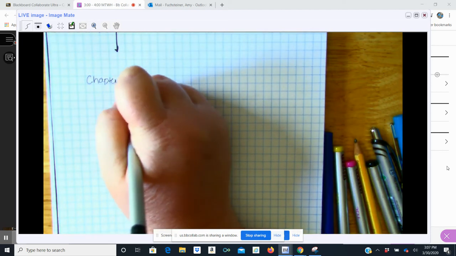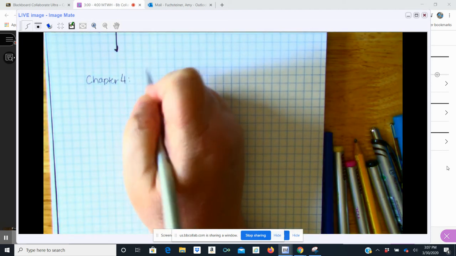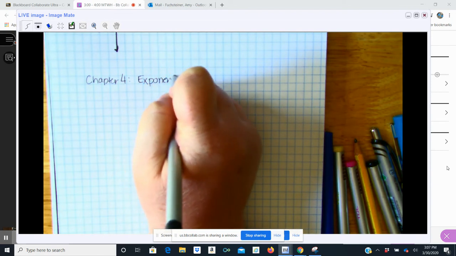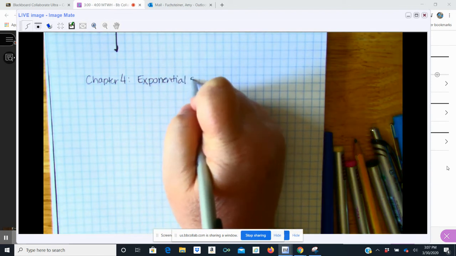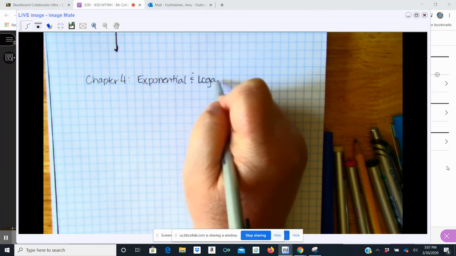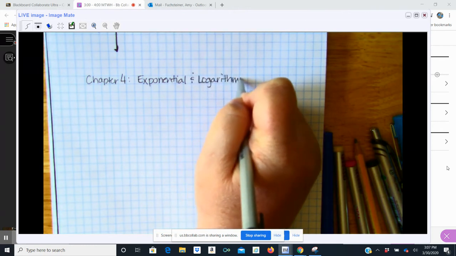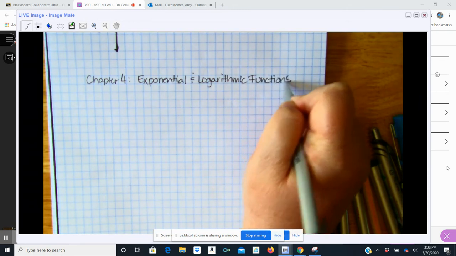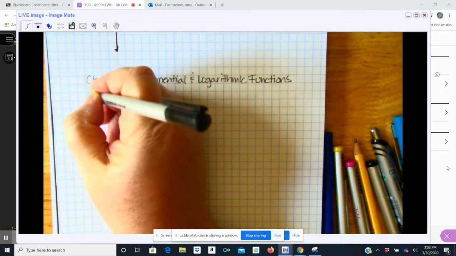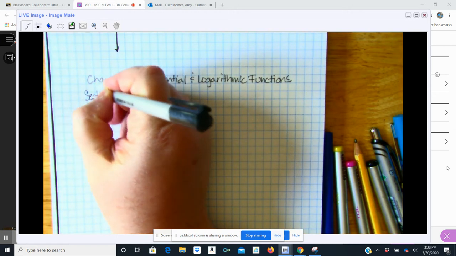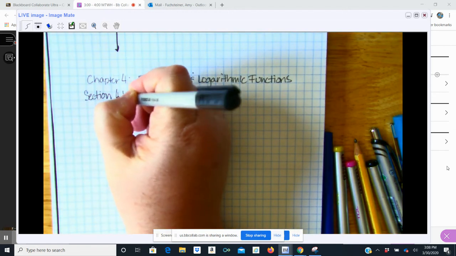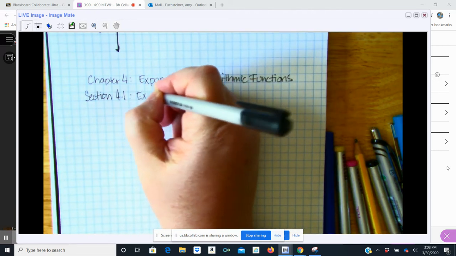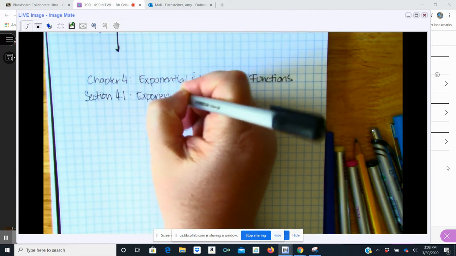This is chapter 4. We are in exponential and logarithm functions. And for section 4.1, we're going to take a basic look at exponential functions.